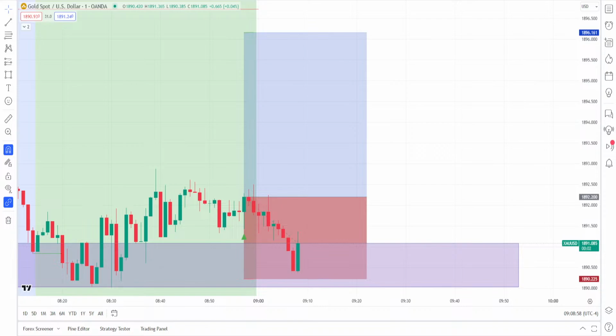We want stop loss to be around, we'll say around 2 pips. Do we want to take this trade? I have it ready. I'll probably wait for it to go down a little bit and maybe take it on the break of the high here.